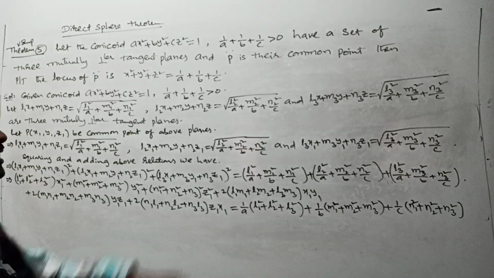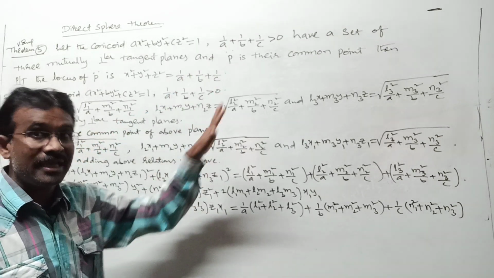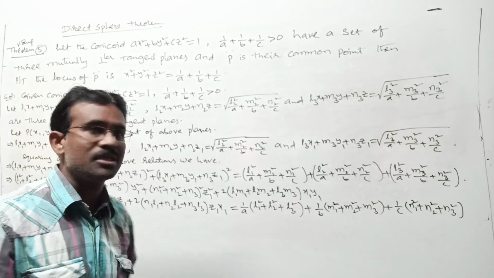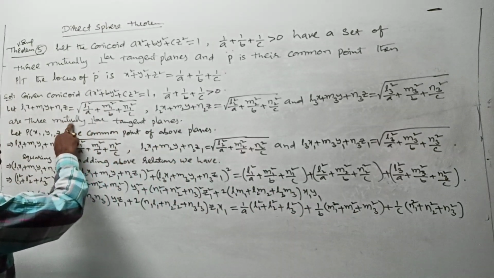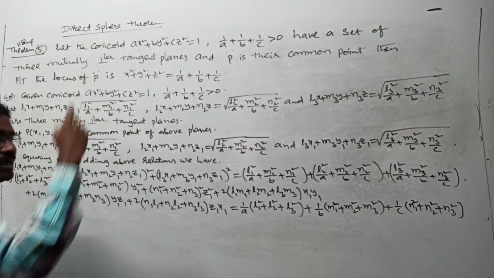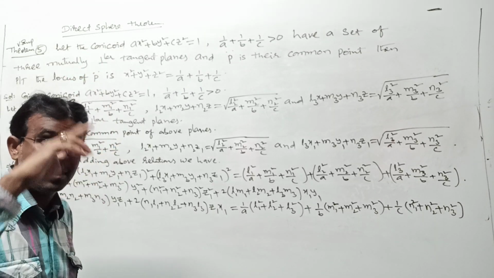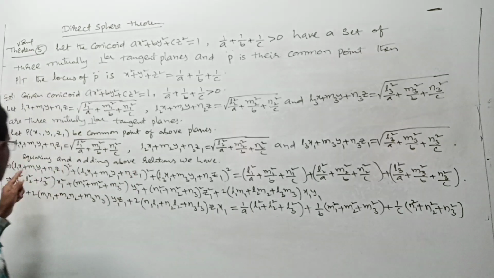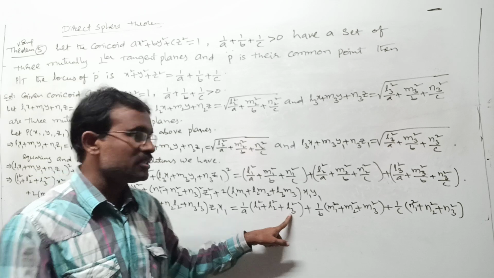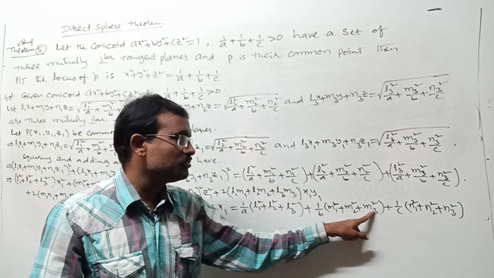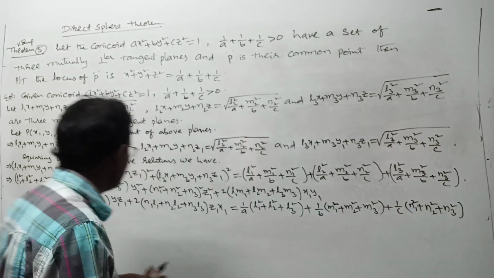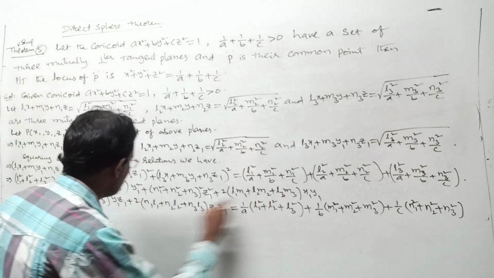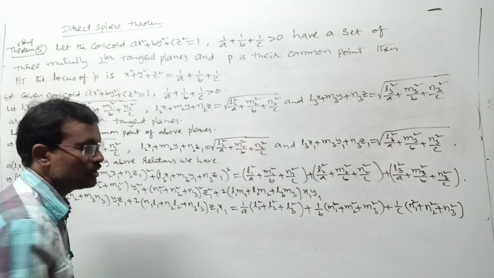In the beginning stages, before starting this solution, I explained that if L1 M1 N1, L2 M2 N2, L3 M3 N3 are direction ratios of three mutually perpendicular tangent lines, then I already told some relations: L1 square plus L2 square plus L3 square is 1, M1 square plus M2 square plus M3 square is 1, this is 1, and these products are 0.